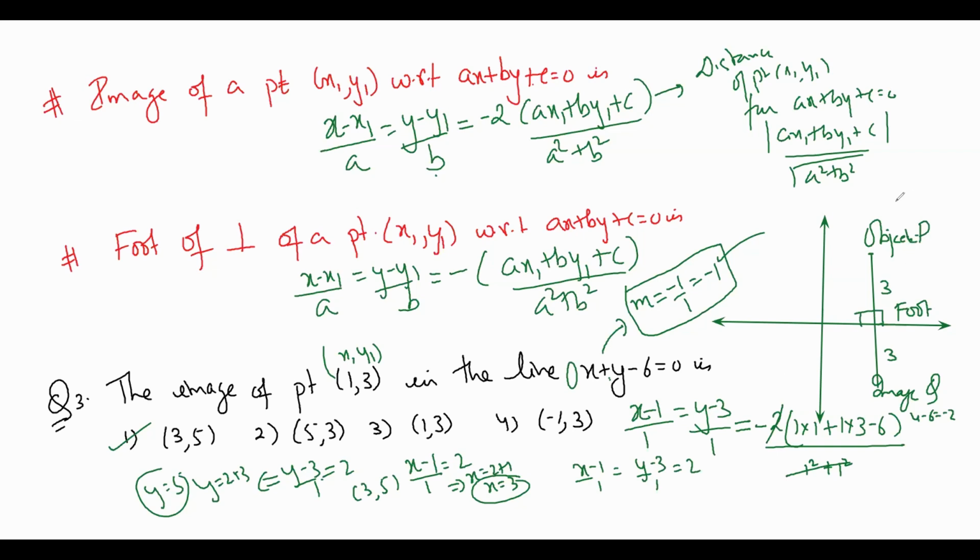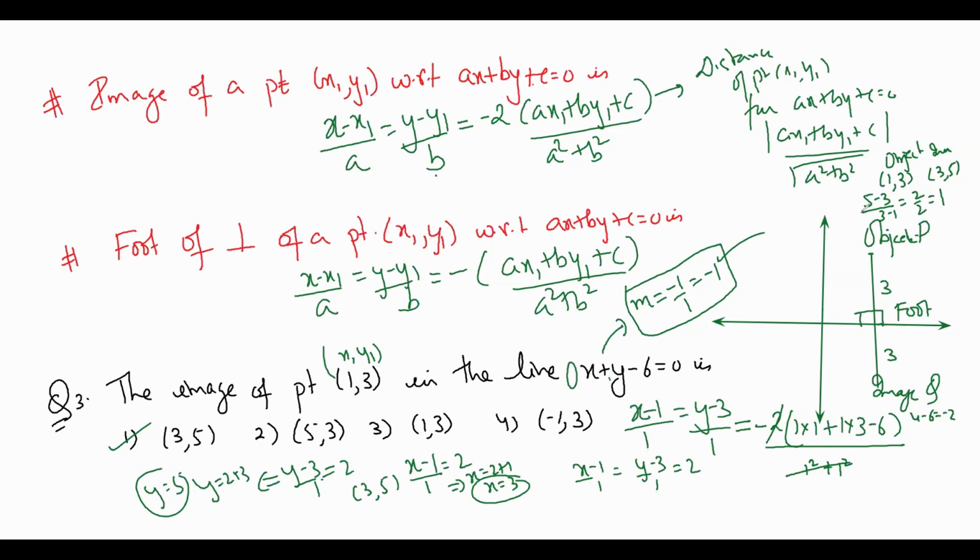My object is here (1, 3) and image, I just took this first option as my image, that is (3, 5), and I'm checking the slope. Slope is (y2 minus y1), that is 5 minus 3, upon (x2 minus x1), that is 3 minus 1. This is 2 upon 2, and I get 1, that is the negative reciprocal of minus 1. That means my answer can be the first option.